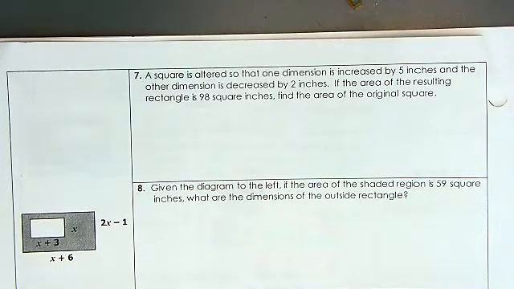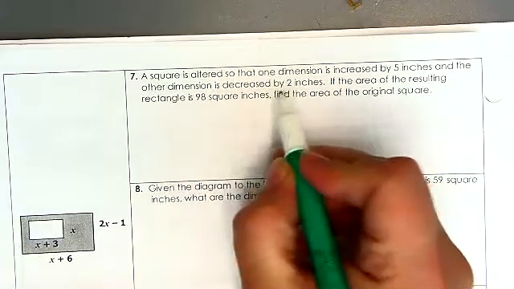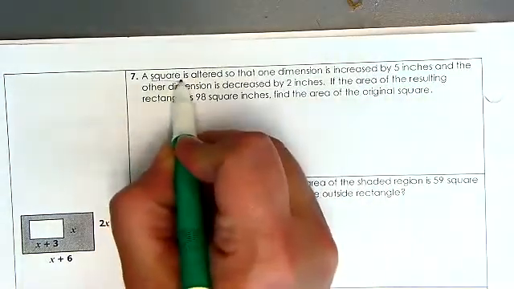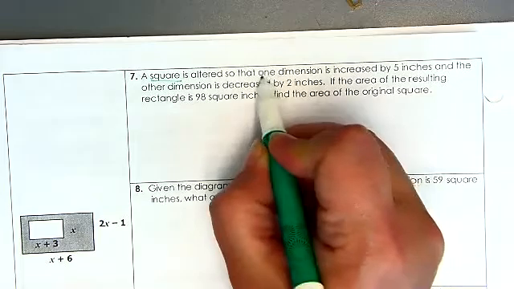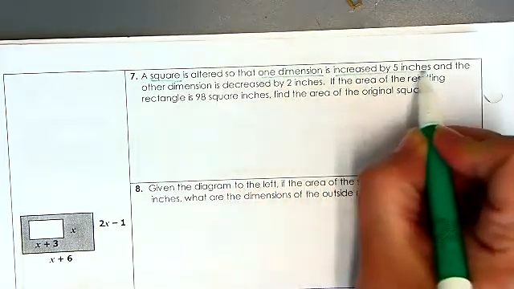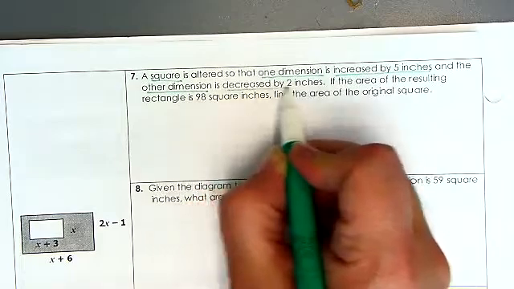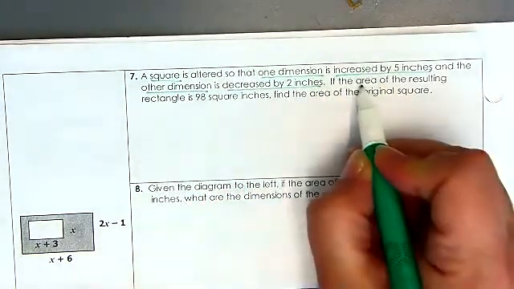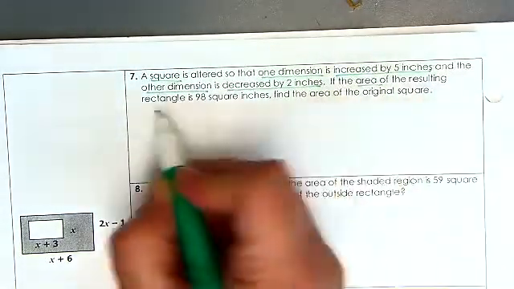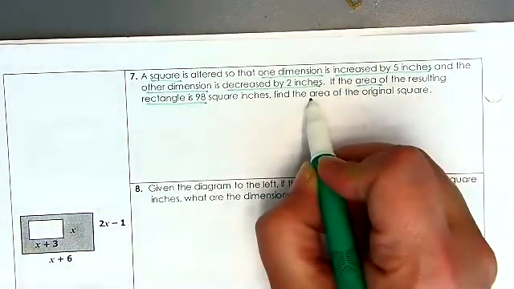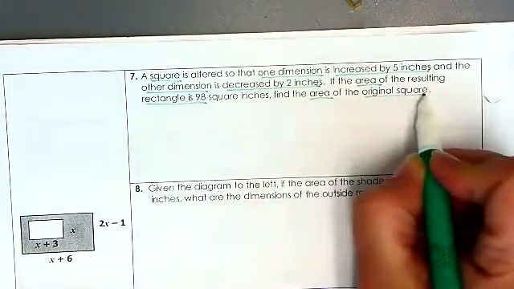We have a square that is altered so that one dimension is increased by 5 inches and the other dimension is decreased by 2 inches. If the area of the resulting rectangle is 98, find the area of the original square.